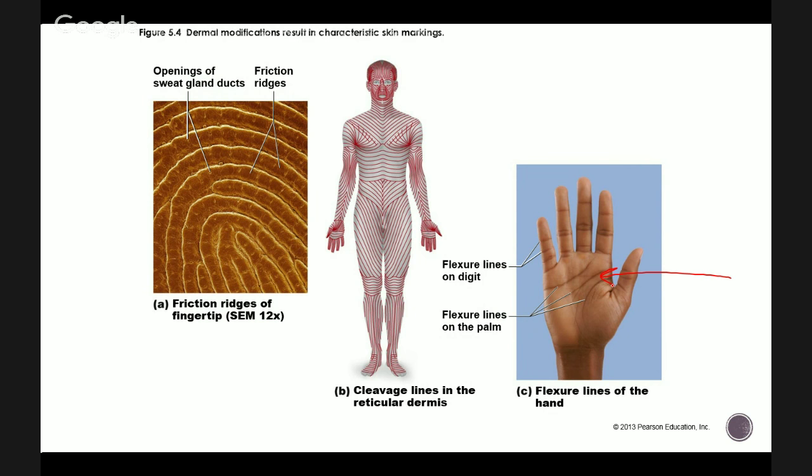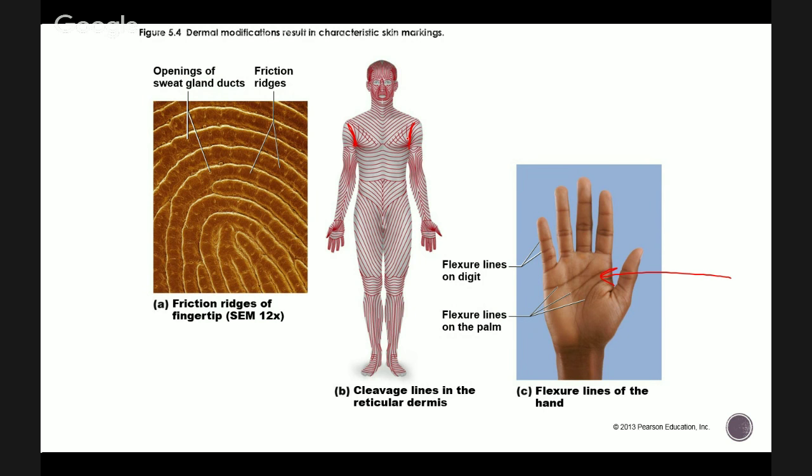Those are lines that run very deep in the skin, and they're always there. The body naturally has certain cleavage or flexure lines. This place, the seam, is where things come together. Like the creases, chest, and so forth, lines in your face and so forth.